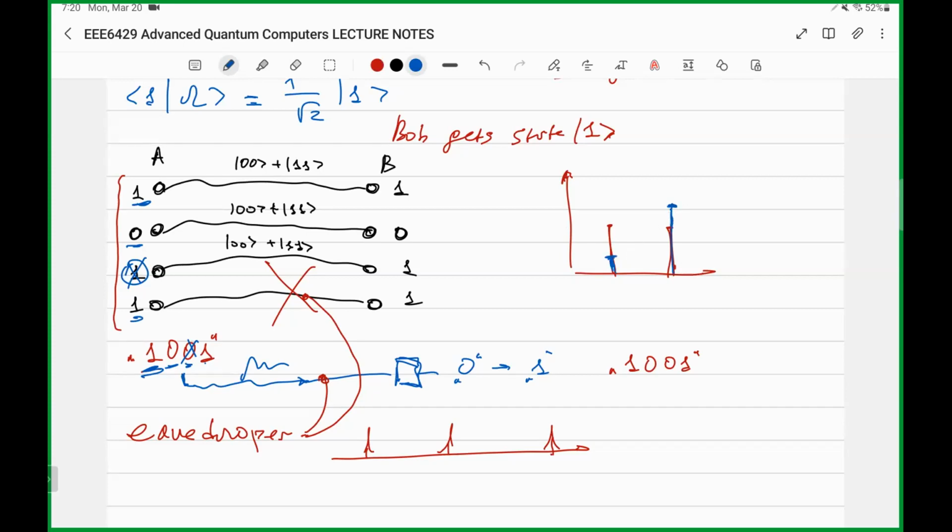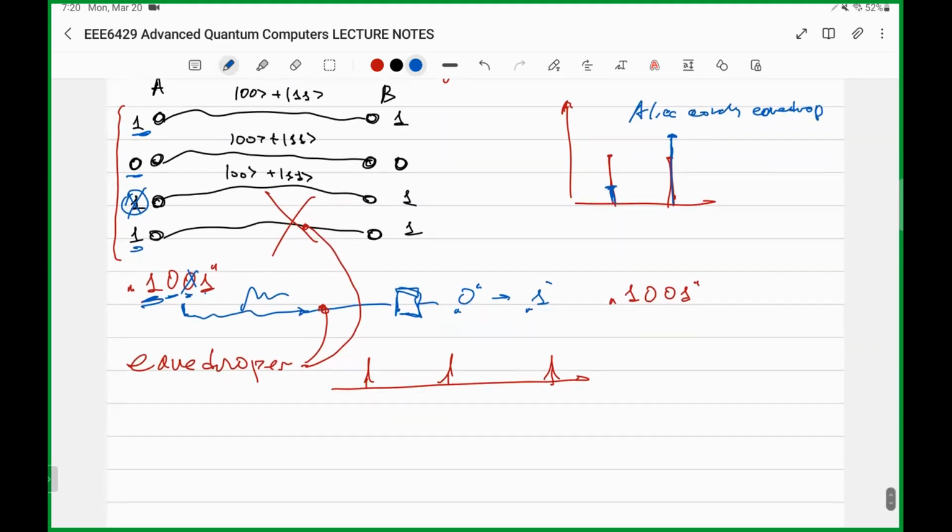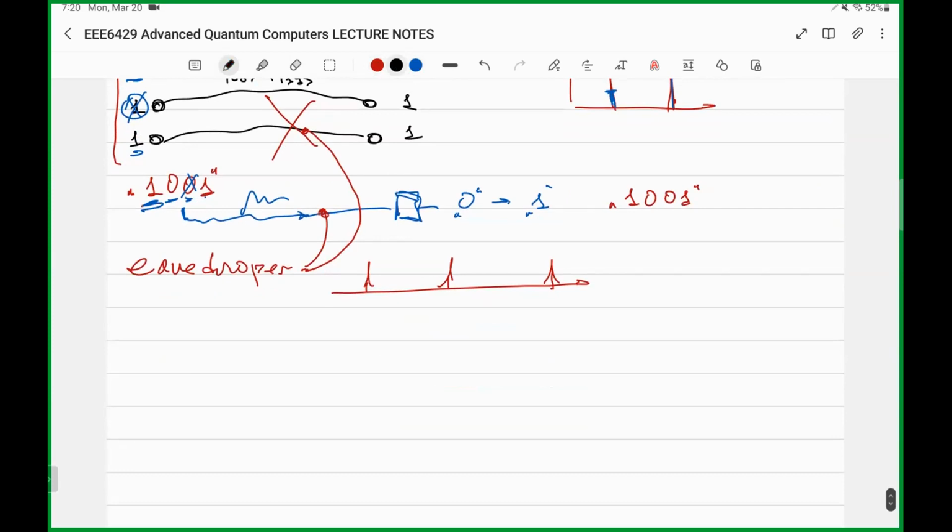So her probabilities will change, and then Alice concludes that there is something that tries to get information from the channel. And this is quantum cryptography, and we're going to talk about quantum cryptography next time.